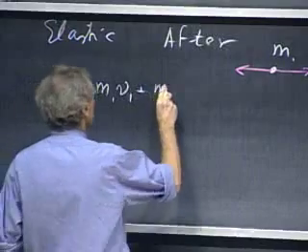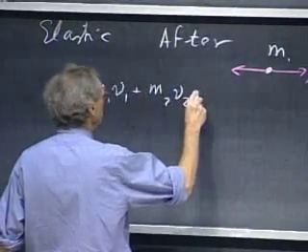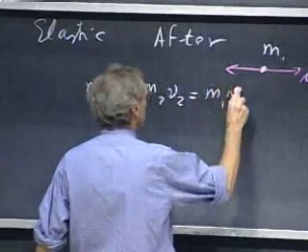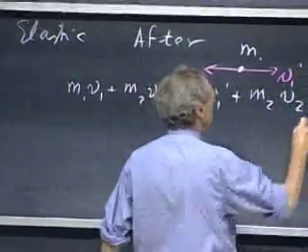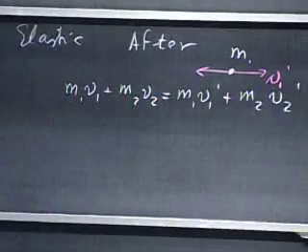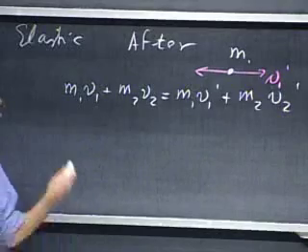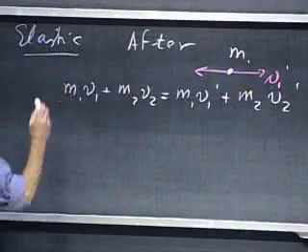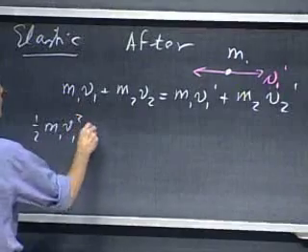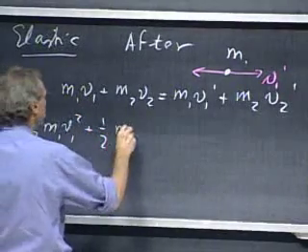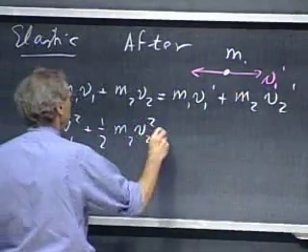All right, so now we have m1 v1 plus m2 v2 equals m1 v1 prime plus m2 v2 prime, conservation of momentum. Now we get the conservation of kinetic energy, because we know it's an elastic collision. 1/2 m1 v1 squared, 1/2 m2 v2 squared.